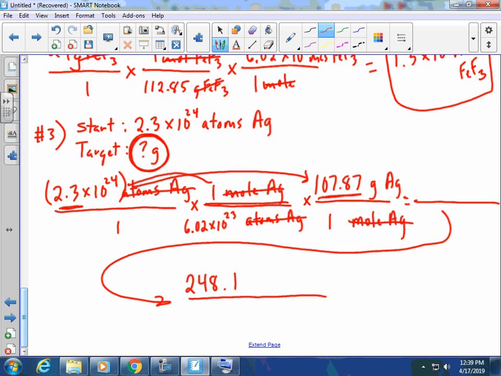So all he did was take 2.3 times 107.87, and he got 248.1. But it wasn't 2.3 times 107.87. It was 2.3 times 10 to the 24th. So after we multiply our normal parts, when we're done, we just write times 10 to the 24th after it. Okay? Cool? Does that make sense to everybody? And let's include our units, grams of Ag.